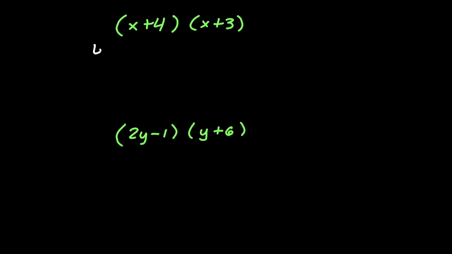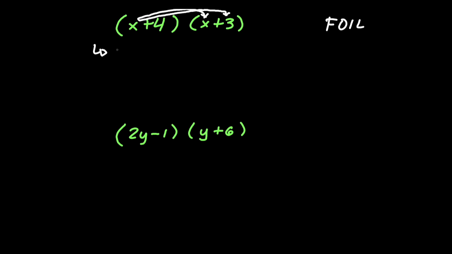Let us try these examples. For this, it will be a binomial multiplied by a binomial. I'm sure your class has taught now the FOIL method. But this is basically it. You distribute x first to these two. So it would be x multiplied by x and x multiplied by 3.